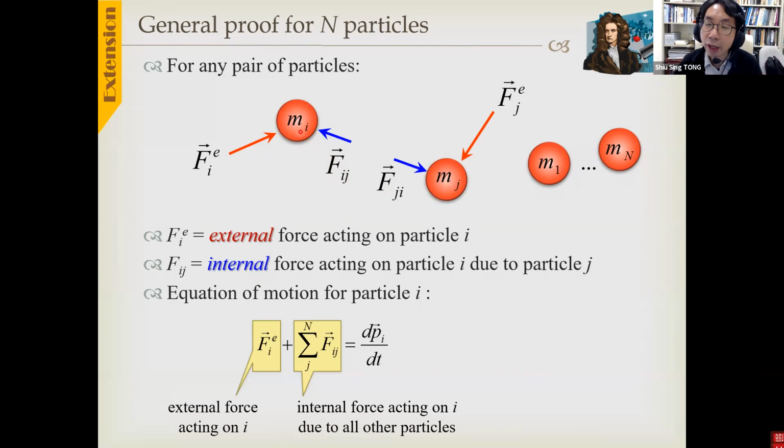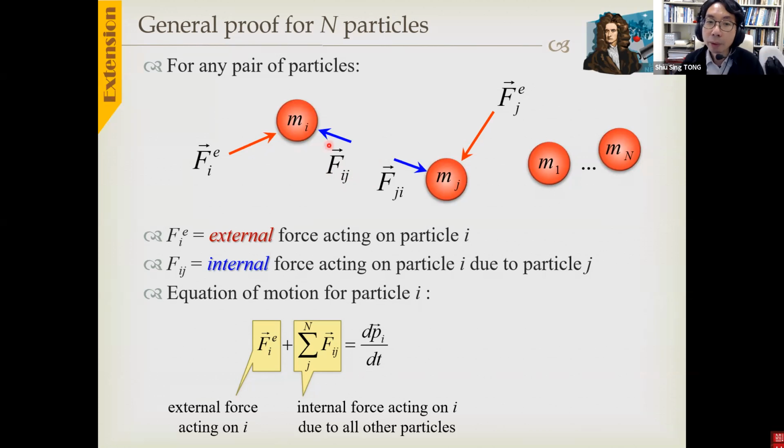Fij is in fact the force acting on particle I. The first index specifies the particle that is being acted on by the force. And the second index, J, specifies the particle that produces the force. So Fij is the force acting on particle I due to particle J. The force acting on particle I is coming from particle J.